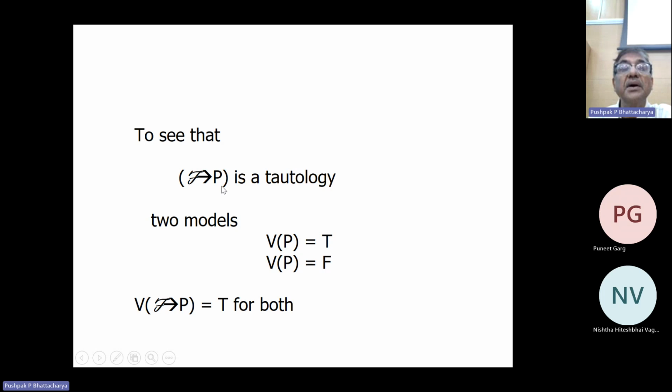That is the meaning of soundness. And if the opposite is also true, that anything that is a tautology is also a theorem, then we say that the formal system is complete. Completeness refers to the power and soundness refers to the correctness.